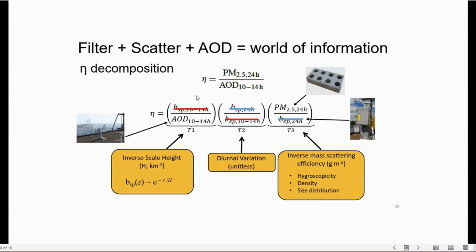So what they've got here with the sun photometer, they get a scale height value, they get diurnal variation from the filter-based measurements, and then they can get the scattering efficiency from the filter measurements, as well as the near real-time optical measurements coming from the nephelometer.